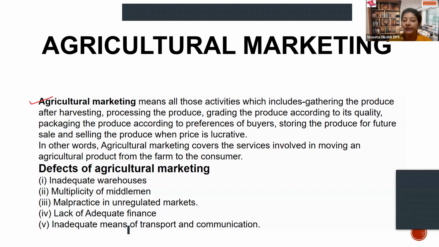See, we cannot sell it immediately. We need to sell it later so that we can get good price. That's also one of the strategies under agricultural marketing. And then last comes the prices to be bargained about in the market. So all these processes together make the sense complete of agricultural marketing.